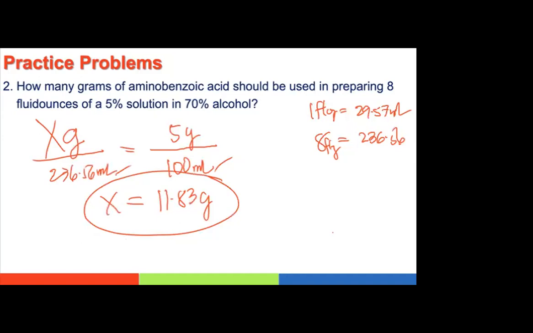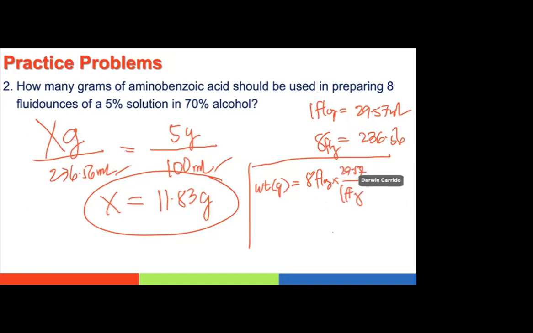For dimensional analysis, it is the same strategy. We always show it in dimensional analysis. So, how many grams? This means you need weight. So what is our starting value? It can be 8 fluid ounces. So 8 fluid ounces, multiply by 1 fluid ounce to 29.57 ml.